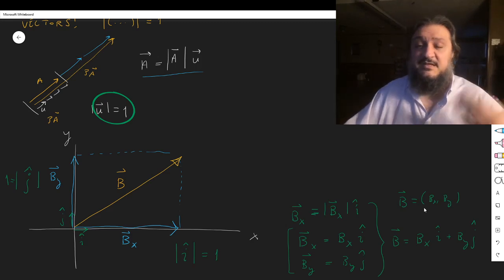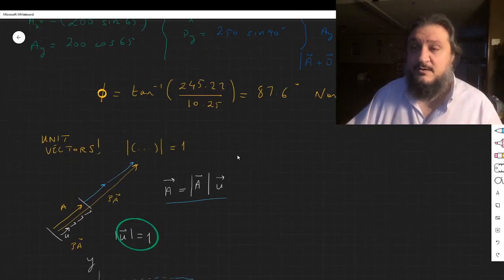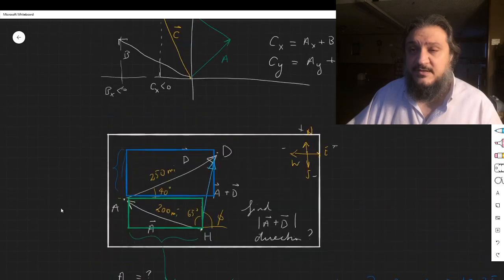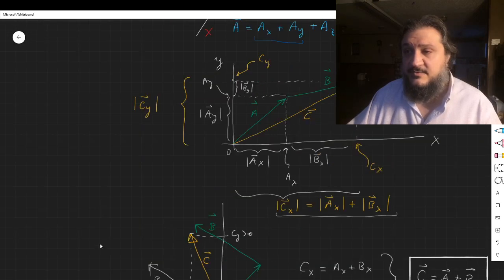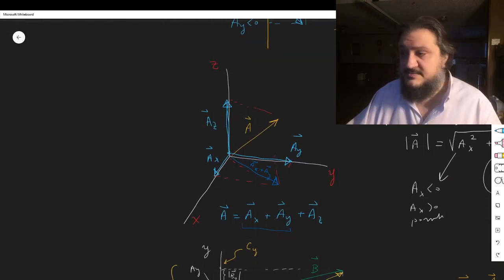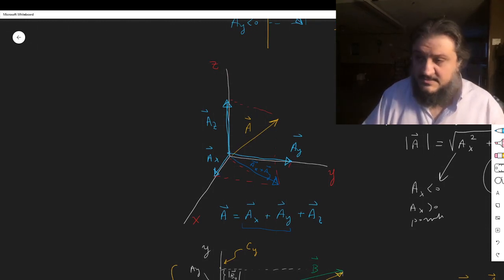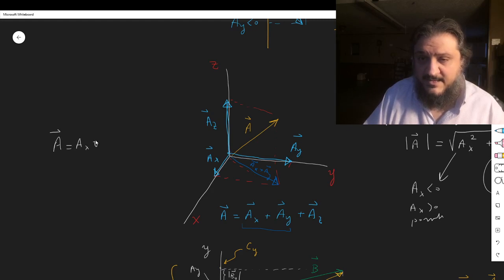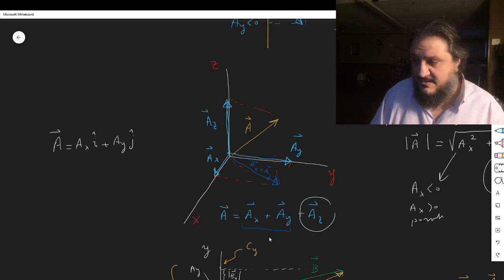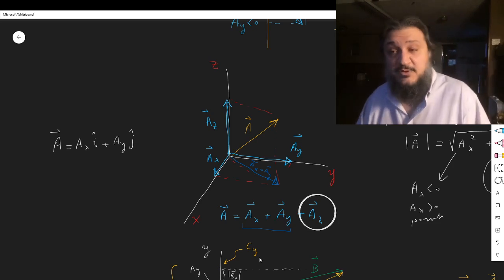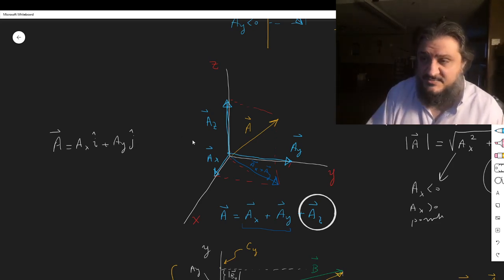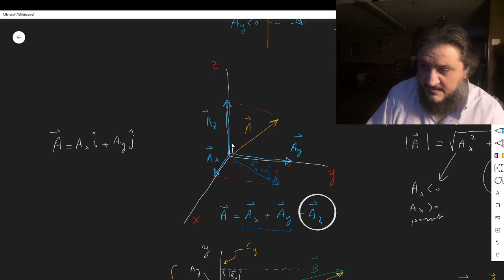If you are in 3D space, like we had before, let's try to write this now in 3D. Right there, this vector. So here A will be ax i hat plus ay j hat, but now there's az, which means I need a unit vector in the z direction as well, and that I'm going to call k hat.